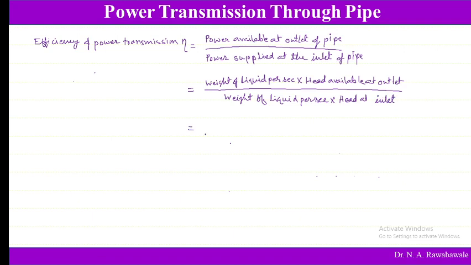Therefore, the weight flow rate is W, into head available at outlet, which is H − HF, whole divided by W into head available at inlet, which is H. So this can be written as (H − HF) divided by H into 100%. So this is the efficiency of power transmission for a fluid flowing through the pipe.